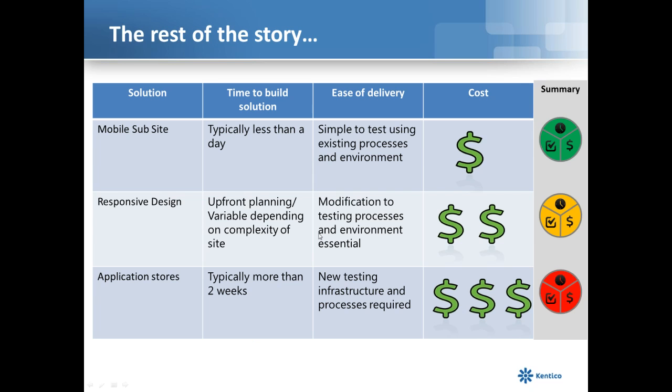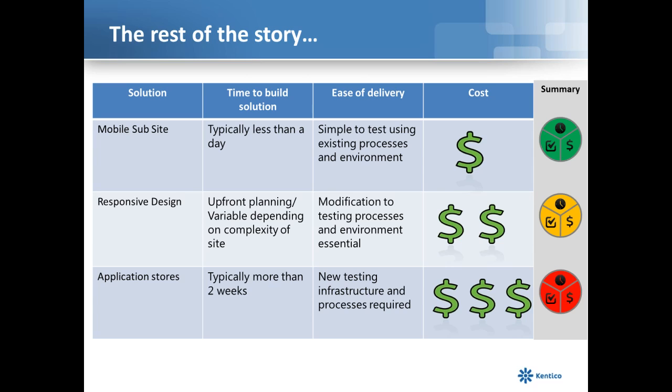The thing that I do want to call out is, and I put this slide together as a way of showing the relative complexity, which then always starts to drive into the relative cost that becomes important. So as you think about what the mobile subsite is, it's built in. For example, within Kentico CMS 6 or 7, there's no extra cost.